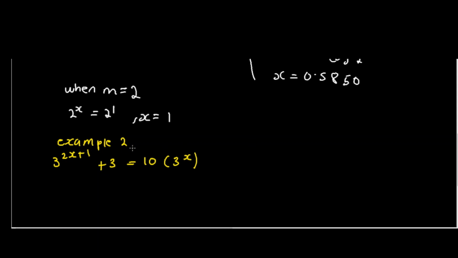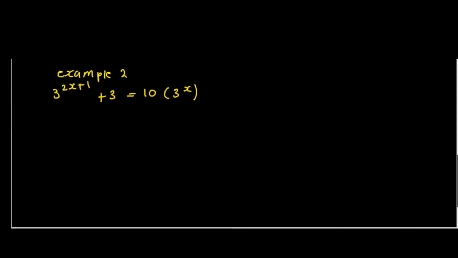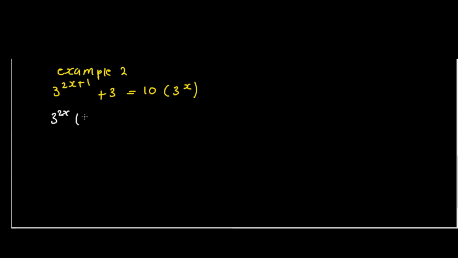And then this one we also follow the same steps, the same procedures. So we are going to have this one here being the same as 3 to the power of 2x, multiplied by 3 to the power of 1, using the first rule of indices as we saw in the first video. So plus 3, this will equal 10 into 3 to power x.